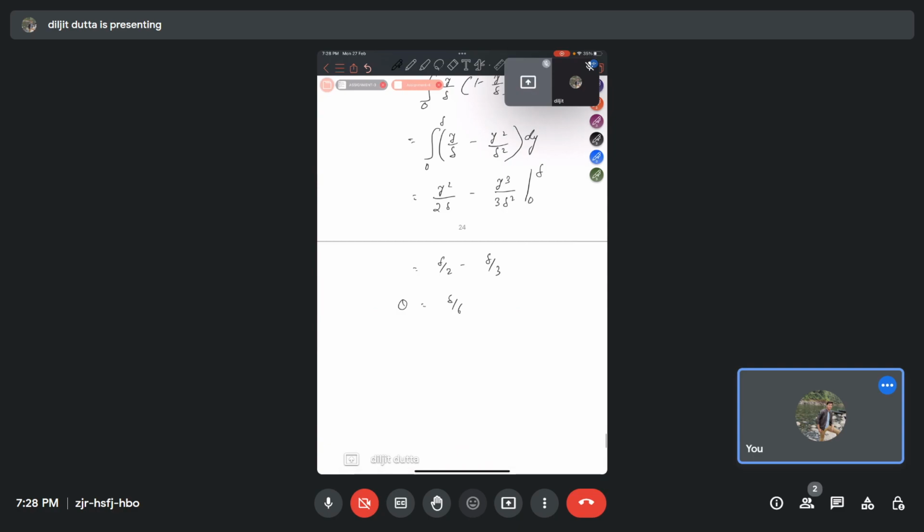So delta star by theta can be obtained as equal to 3. The correct answer is 3.